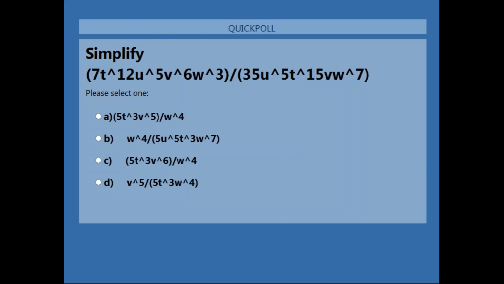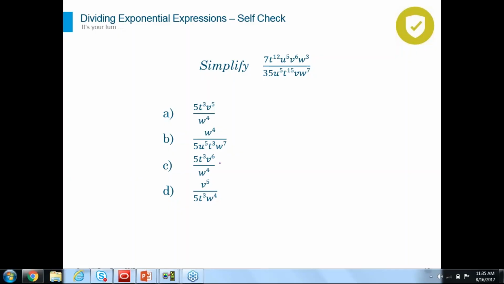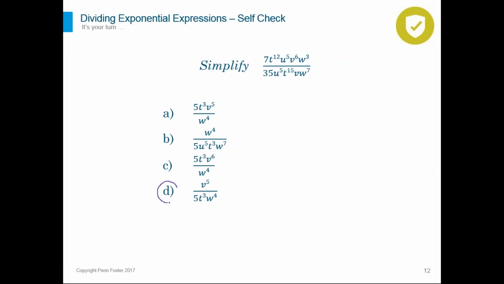Okay, let me share my final answer on that question. The answer is D. D is the final answer. So that big thing here just ended up being v to the fifth over 5t to the third and w to the fourth. Anyone wants me to go over this question?